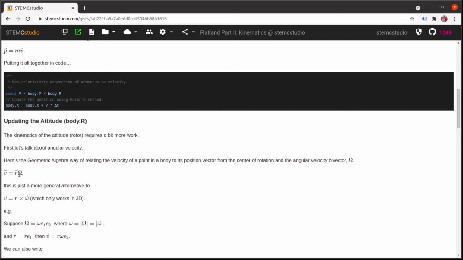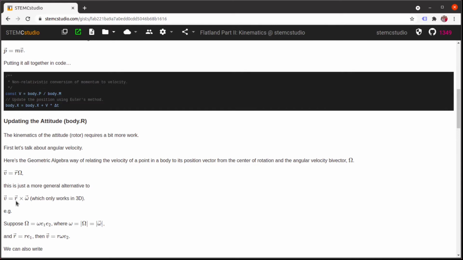So this geometric algebra notation, and we'll try an example in it in a second, is really just a more general way of expressing the same thing using the vector cross product. So you might have had omega being a vector before, and then R cross omega would be a vector which is perpendicular to both R and omega.